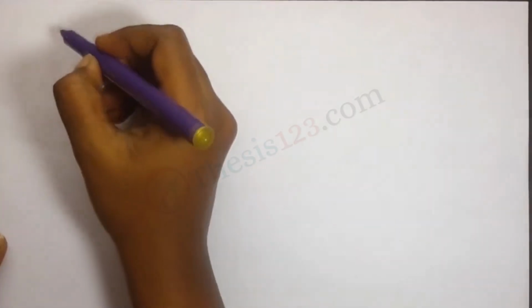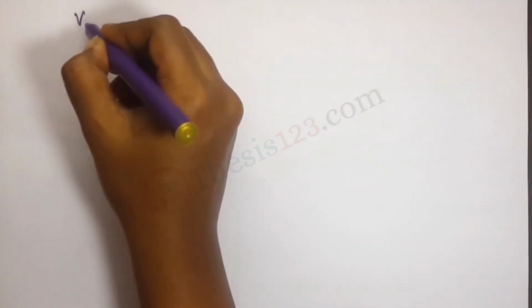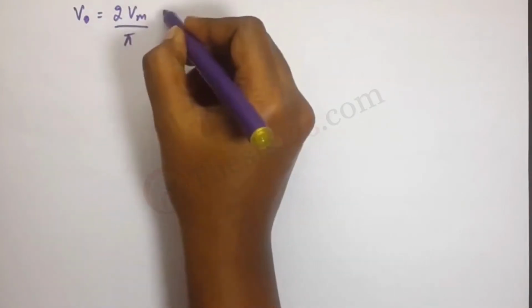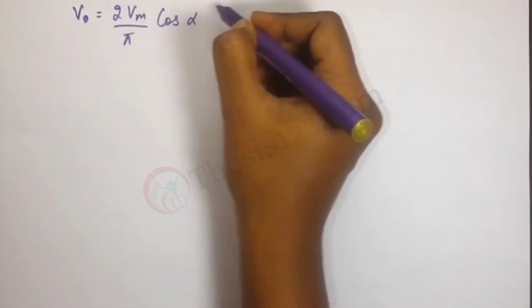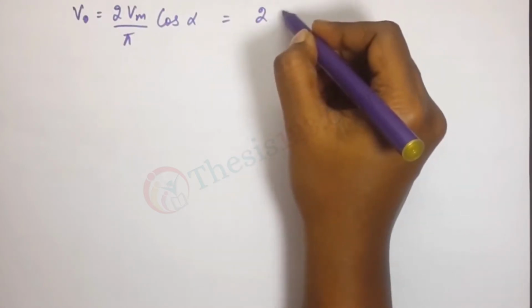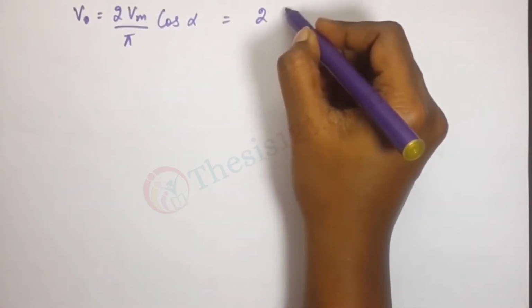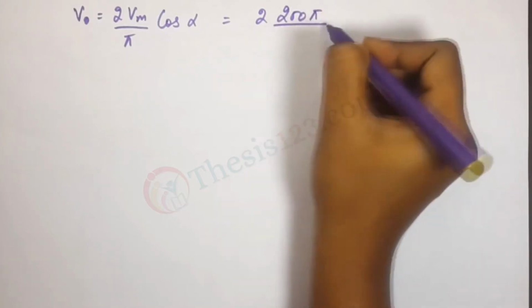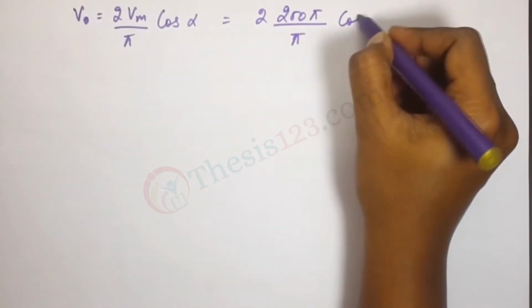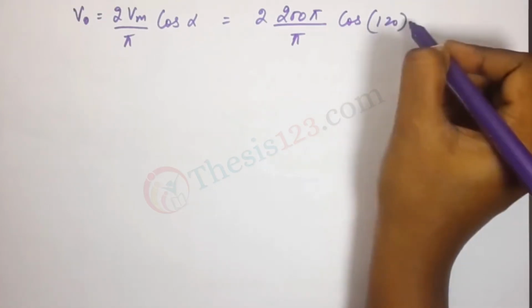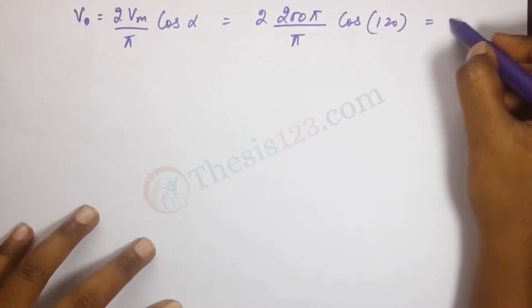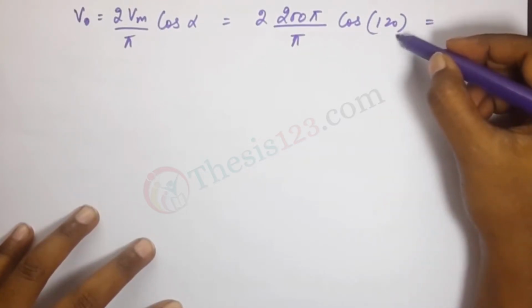Okay. So we have V0 is equal to 2Vm by pi cos alpha, which is 2 into Vm. According to the given equation, we take the peak value, which is 200 pi, divided by pi into cos of 120. So here we get the value as minus 1 by 2, right?